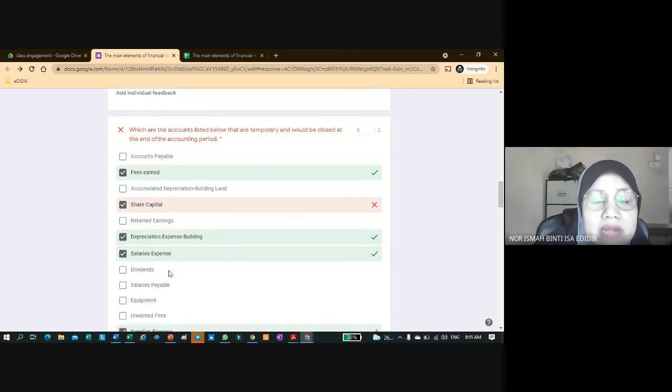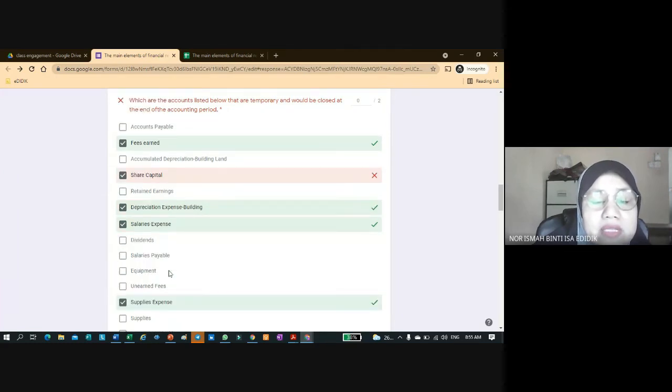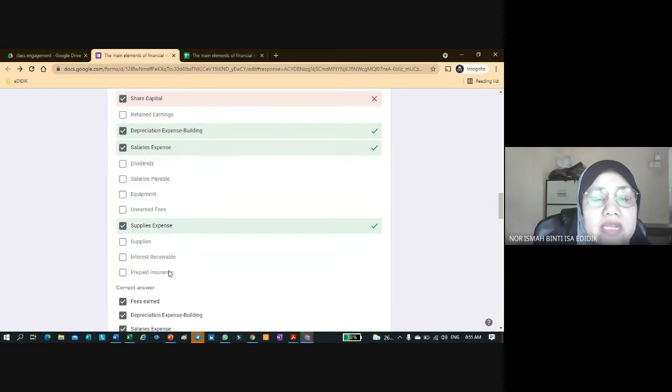Salary expense, correct. Another one is dividend. Dividend is not an expense. Dividend is the appropriation of profit distributed to the shareholder. Yes, dividend is temporary. Dividend pun temporary, tapi dia bukan expense, tapi dia temporary.